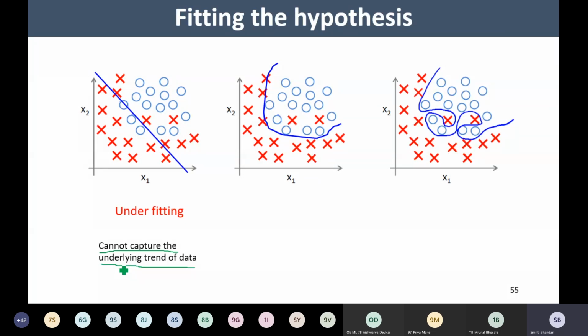Similarly, if my machine learning algorithm is not able to capture the underlying trend of data for the given training data, then I will say that this particular hypothesis is not fitting well. It is underfitting because it is not able to capture the trend of the data.